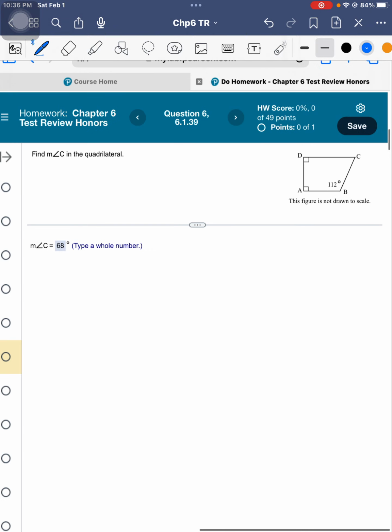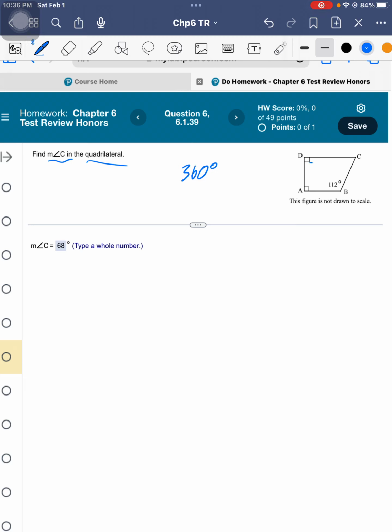All right. Find the measure of angle C in the quadrilateral. Okay, so we know it's a quadrilateral. So we know there's 360 degrees inside of every quadrilateral. So we're just going to add up all 4 angles and then find our C. So 90 plus 90 plus 112 plus measure of angle C equals 360.